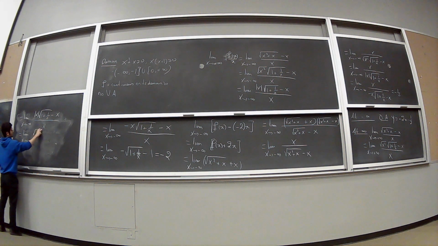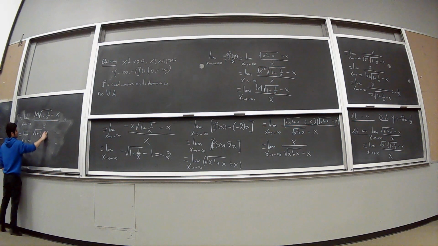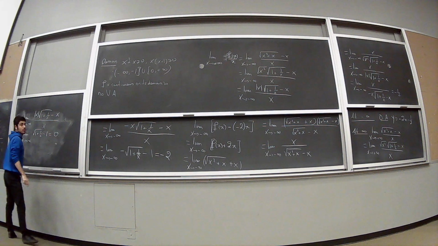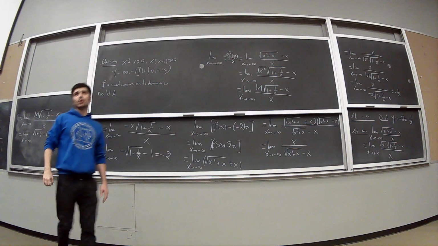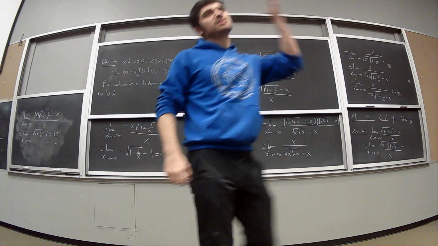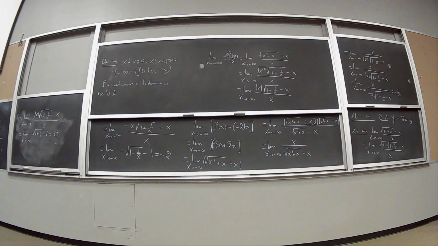So what do you have? You have square root of 1 plus 1 over x minus 1, which is 0. So if you have an oblique asymptote, what is the slope of the oblique asymptote? It's 0, right? So what you're looking for really is a horizontal asymptote.